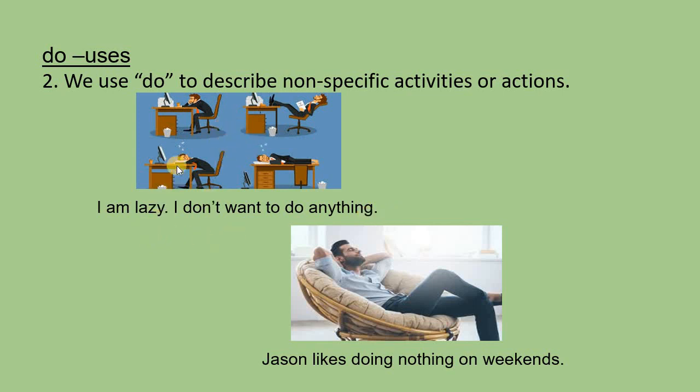This man in the picture here is lazy. So we don't know what he wants to do. He doesn't like to do anything. Okay, guys? So we use the word do for a non-specific activity or actions.